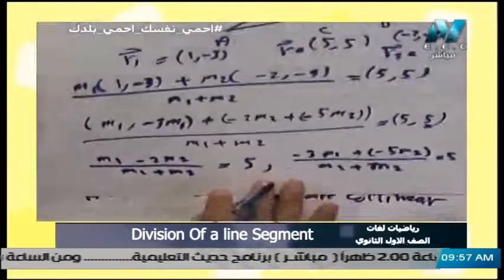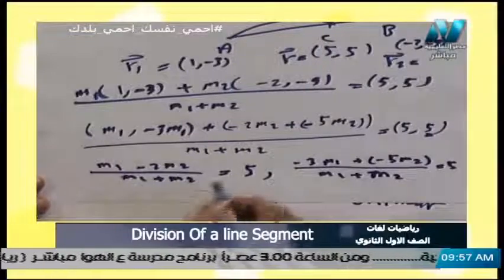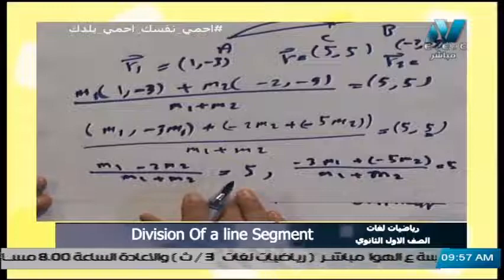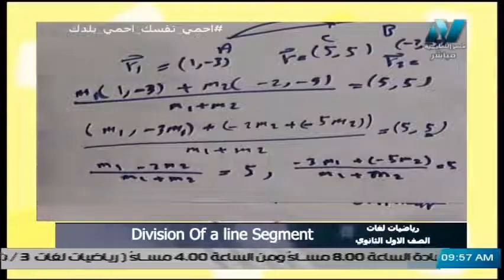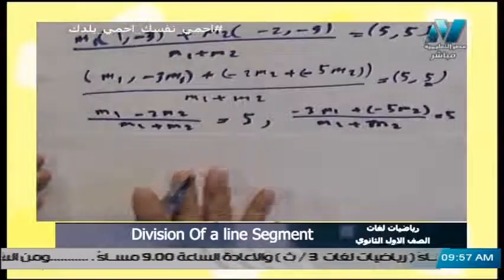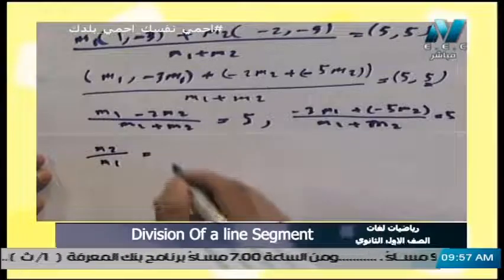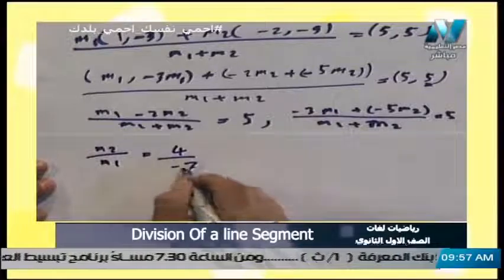We will complete that. Here, by making cross multiplication, you will find that M2 over M1 equals 4 over negative 7.